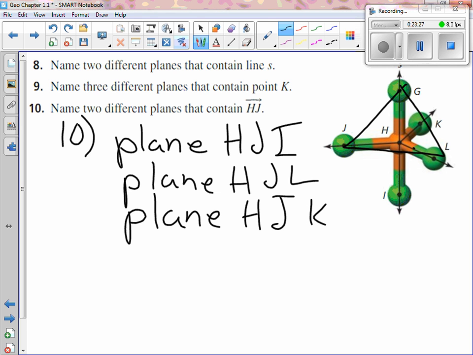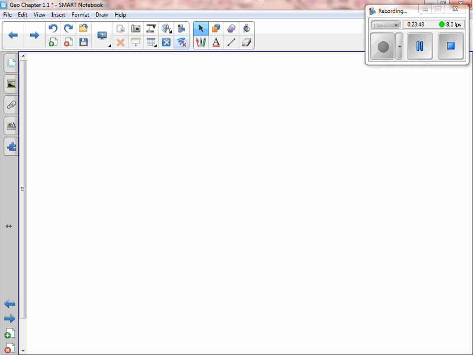So the only one that we could really do would be HKL, would be the only one that we can use and not include point J. Any questions on this here? Hopefully not too bad so far. So that is the end of the lesson.